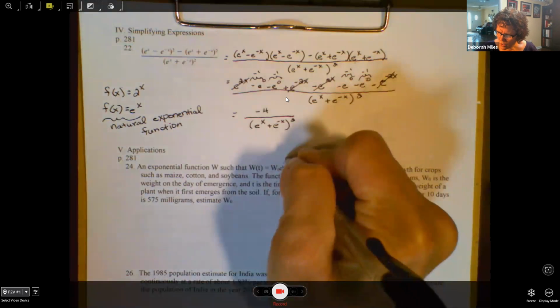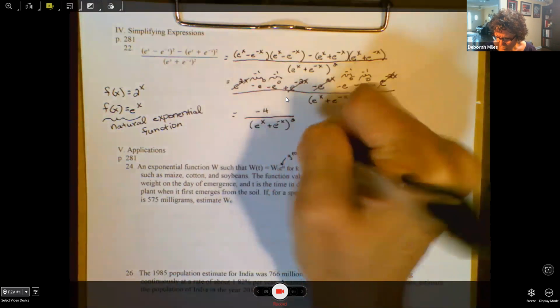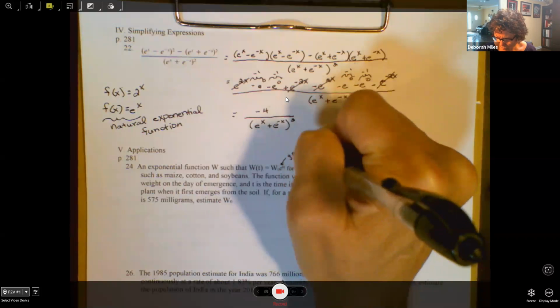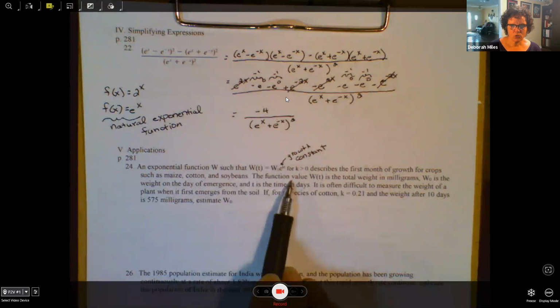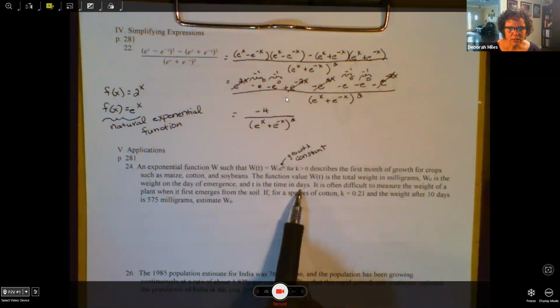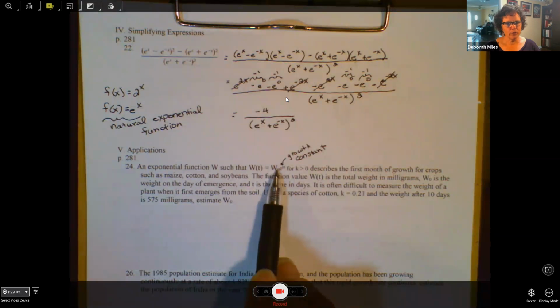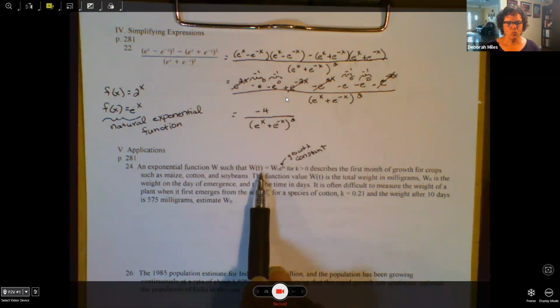This k is called your growth constant. And we have to be given some units on t. This says t is the time in days. W sub 0 is the original weight of a plant, and W of t is the weight after t days.